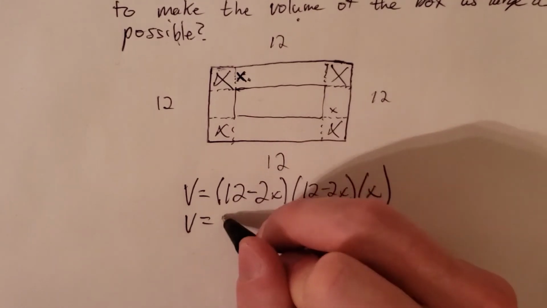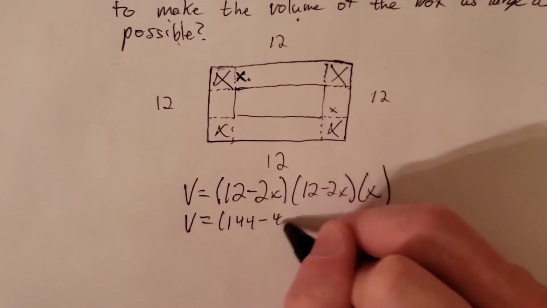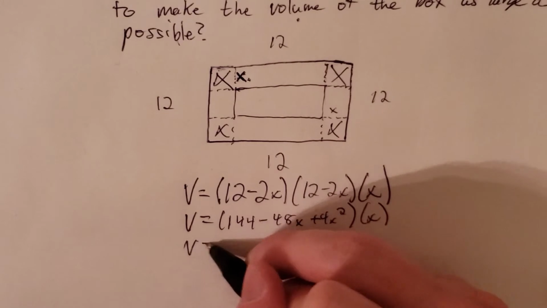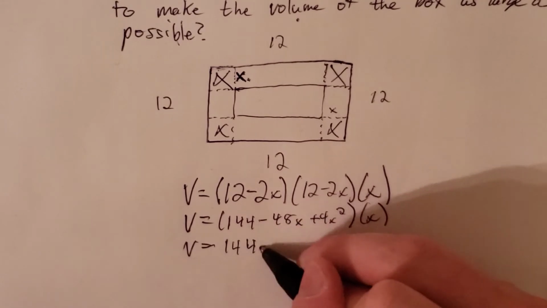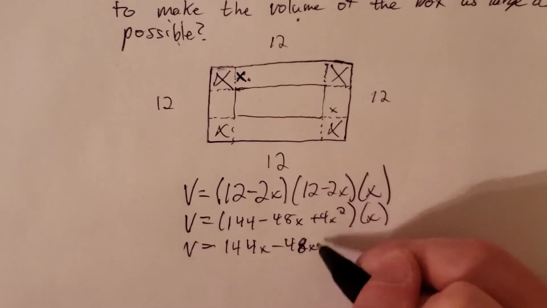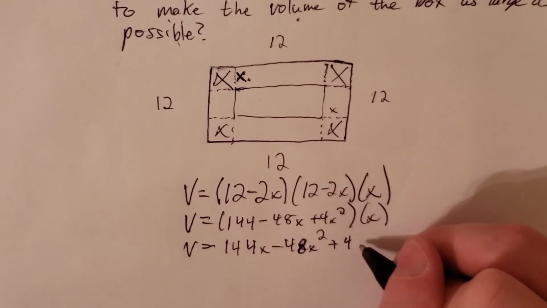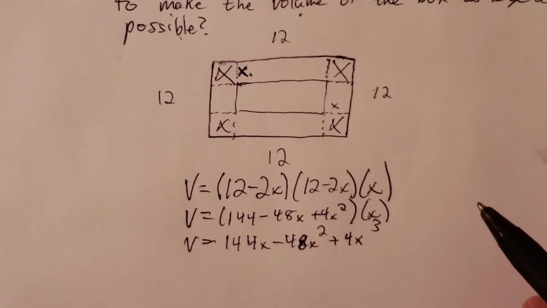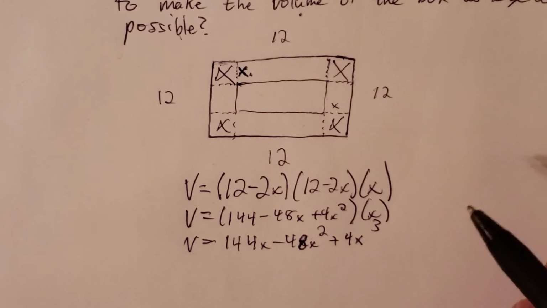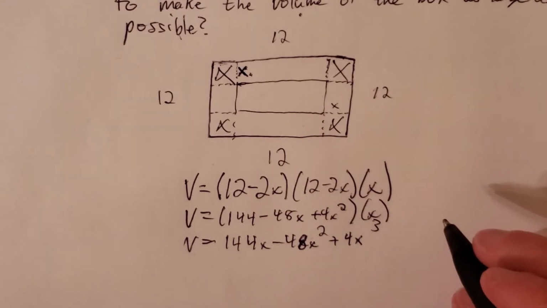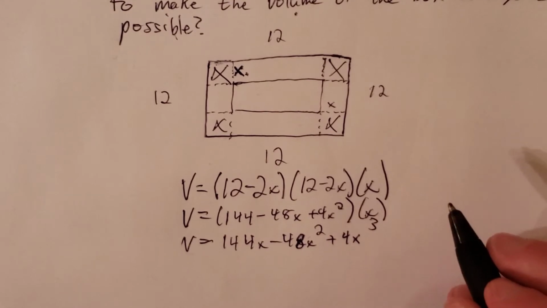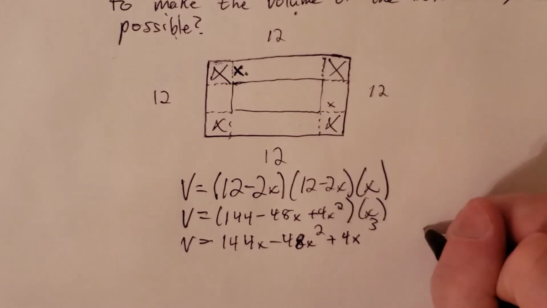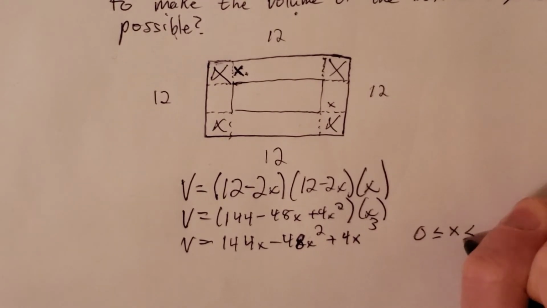Let's multiply everything out in order to simplify our derivative. We get 144x minus 48x squared plus 4x cubed as our formula for the volume of the box. Also notice that the x value must range between 0 and 6.